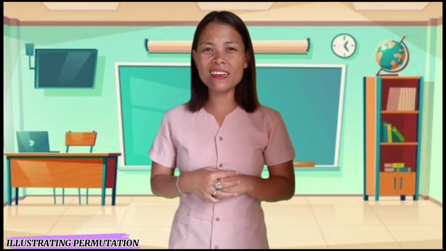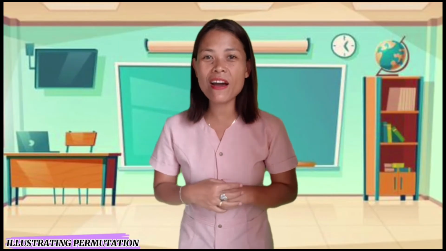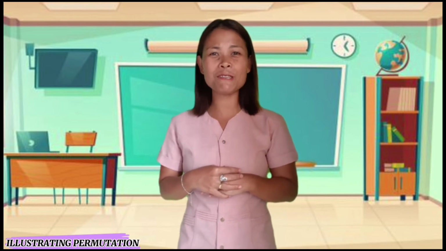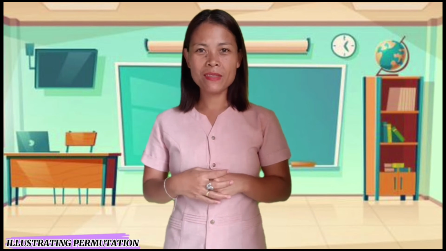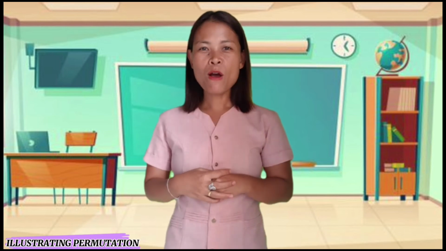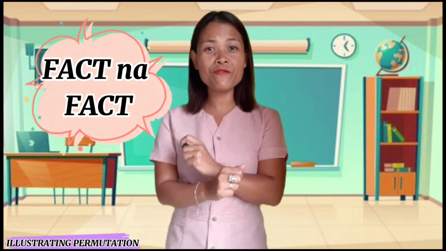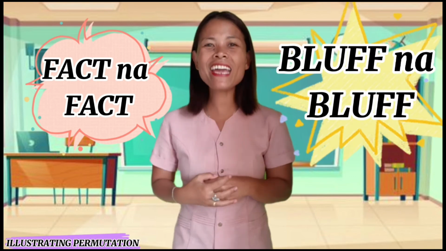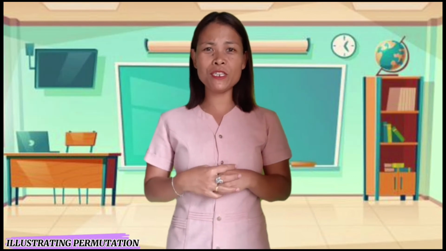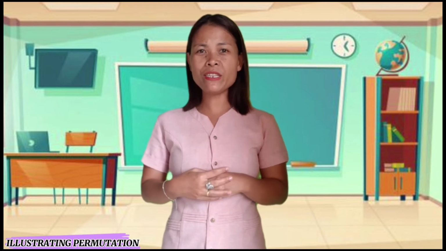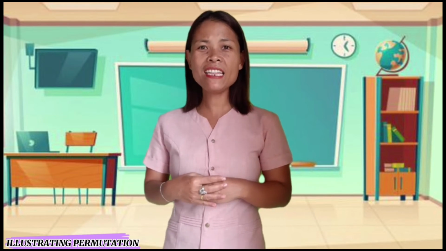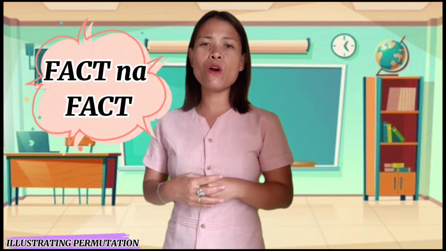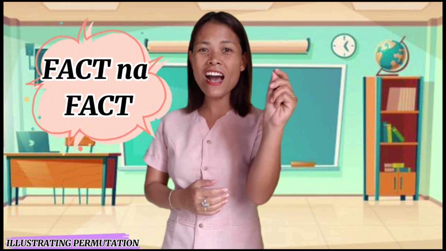Now it's your turn. Let me see if you can identify if the given situation illustrates permutation. So let us have a short game. Are you familiar with the game Fact or Bluff? Great! That's what we are going to do. You are going to identify if the given situation illustrates permutation, and if it is, then you are going to say Fact na Fact.